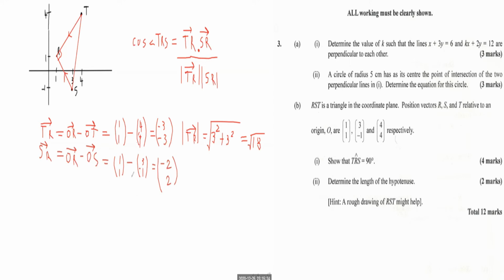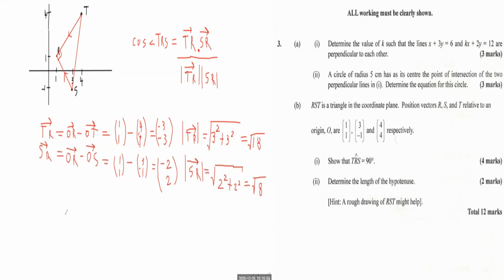Now the norm, or magnitude, of SR is the square root of 2 squared plus 2 squared, that's 4 plus 4, which is the square root of 8. All right, so that's what we have.